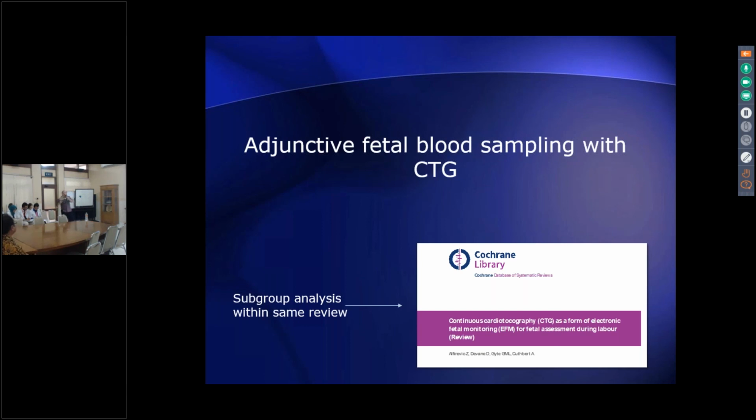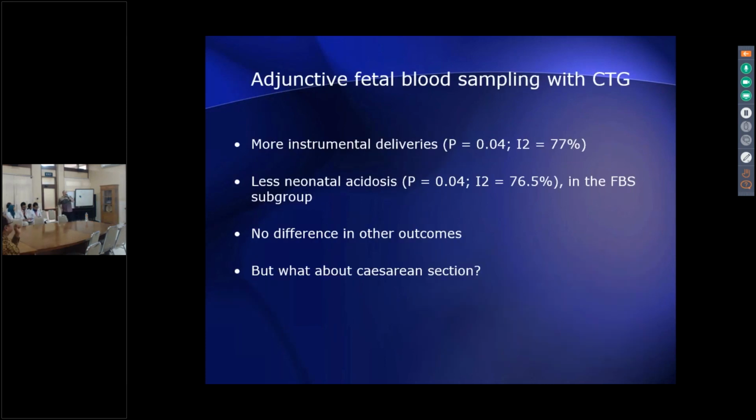In the very same Cochrane review, we looked at women who have CTG without recourse to fetal blood sampling compared with women who have CTGs with fetal blood sampling. And what we find is more instrumental deliveries associated with the use of fetal blood sampling, less neonatal acidosis, and no difference in other outcomes.